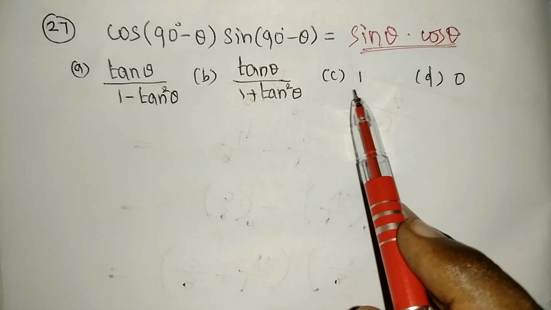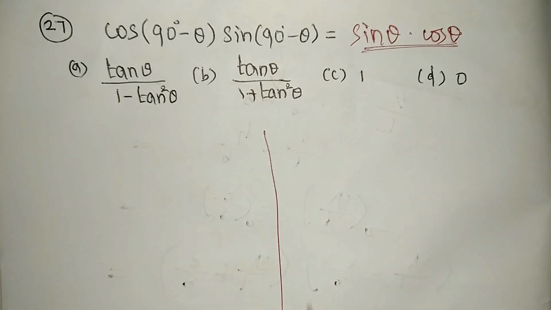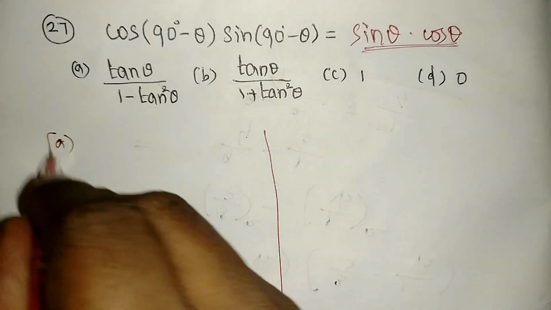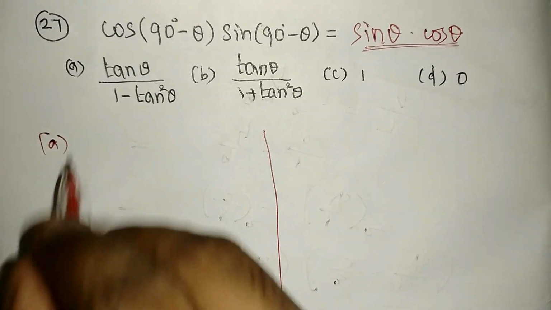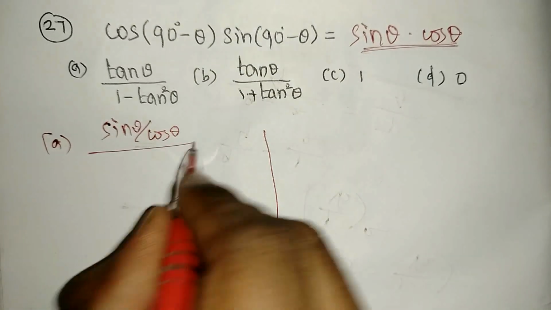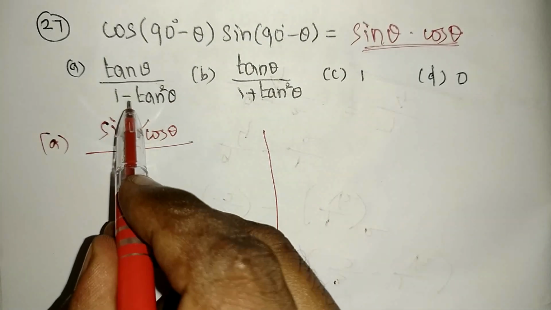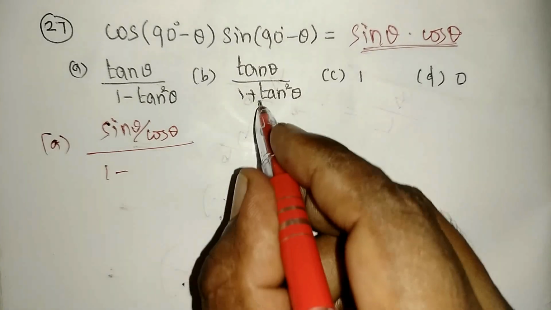We know very well that C and D are not, so leave them. So we'll go for first option A, then option B. Option A I'm taking, just simplify. The answer we have is in the form of sin and cos, so I'm writing tan in the form of sin divided by cos. Here we have tan square, but we don't have a plus here. If you have plus, we can write secant. That's very easy. Here we have a plus, right?